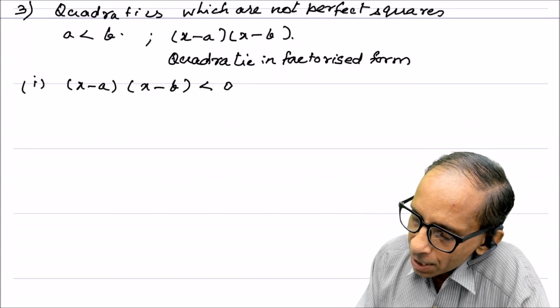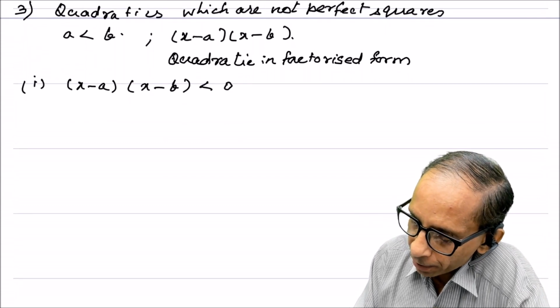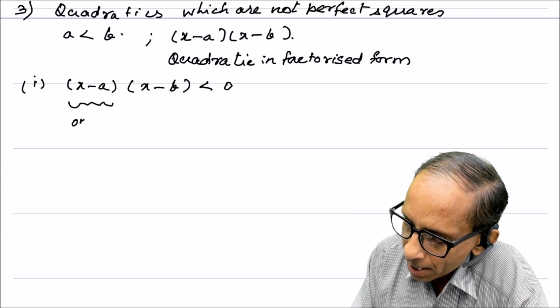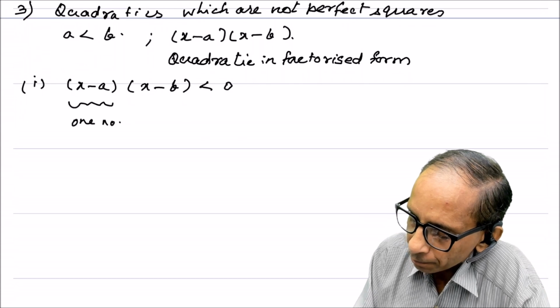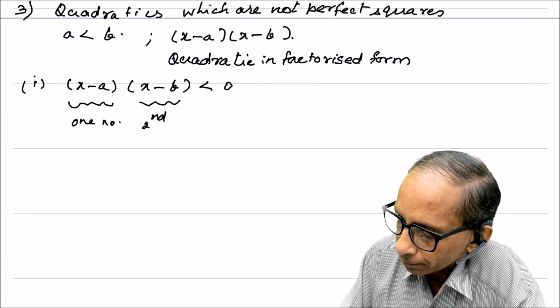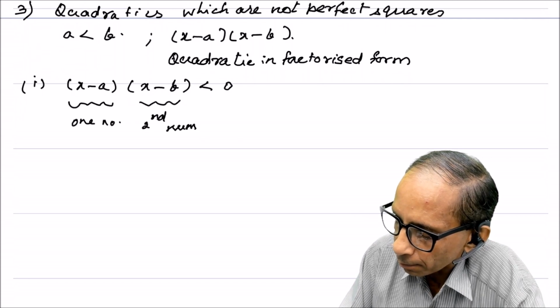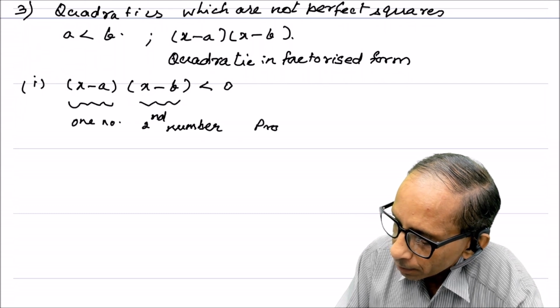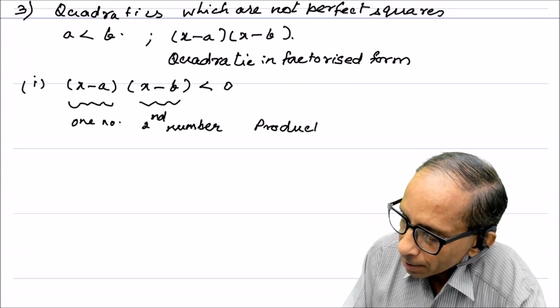When we have this particular quadratic expression, what we notice is that this is one number and this is the second number, and their product is negative.